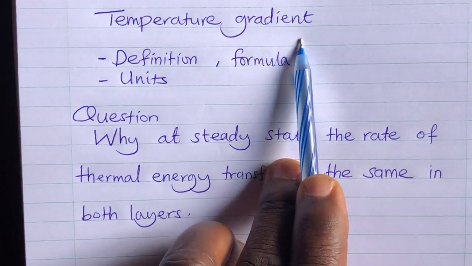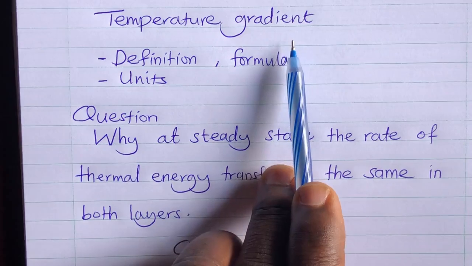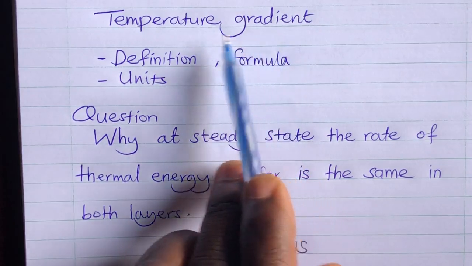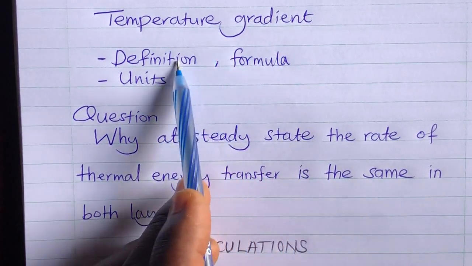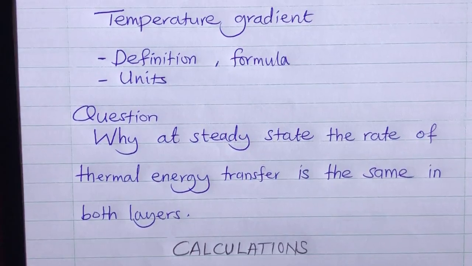We saw that temperature gradient is obtained by dividing the temperature difference across the ends of the conductor by the thickness of the conductor. And therefore, from that, we shall get the definition and the units. Temperature gradient is defined as the ratio of the difference in temperature between the ends of the conductor to the length of the conductor, which we take to be the thickness.